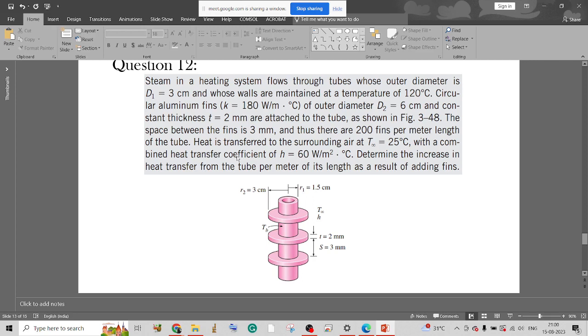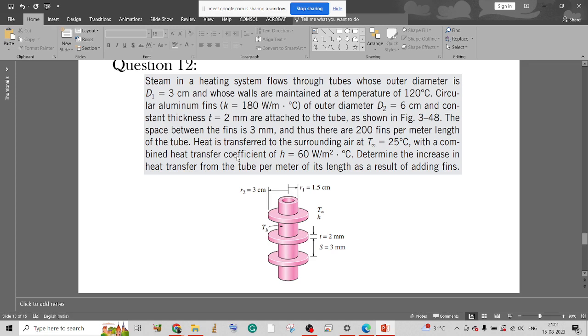Now, can you find out the overall effectiveness of the fin tube? What will the value be? Effectiveness. Remember the formula, it is just the ratio.